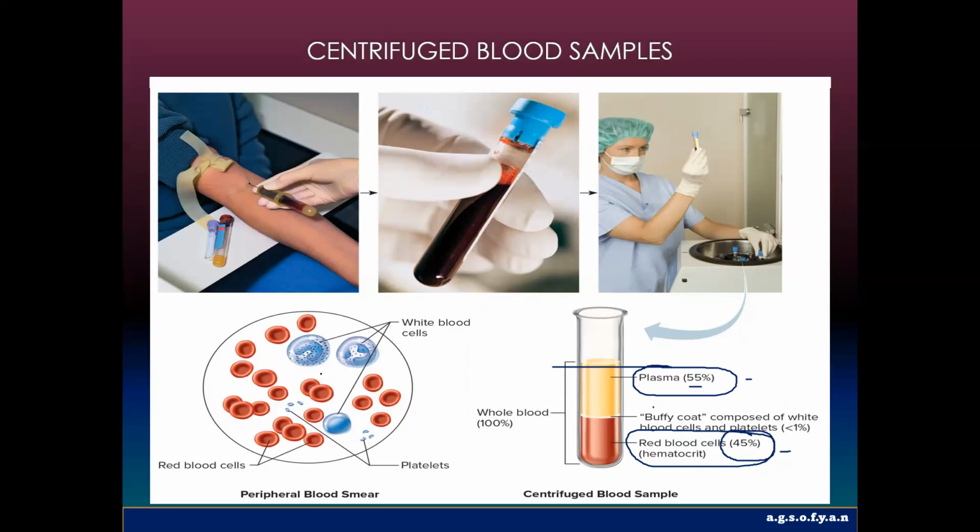If we see blood under the microscope, then we will see, of course, the plasma, which is the matrix. So plasma is actually the matrix of the blood tissue, which is mostly water. And then we will see cells. Remember, connective tissue consists of cells and matrix. There are three types of cells in the blood tissue. The most abundant one, of course, is the red blood cell.